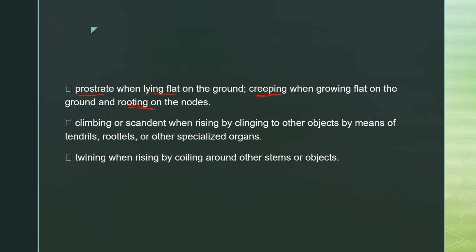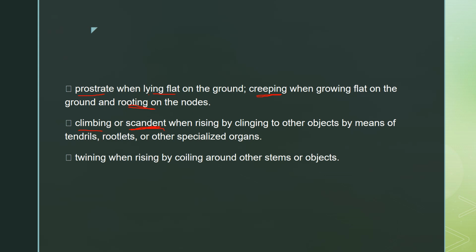It needs support from other parts of the plant, like tendrils, like modified leaves, modified roots, to help it cling to other objects. So this one is called a climbing stem or scandent.